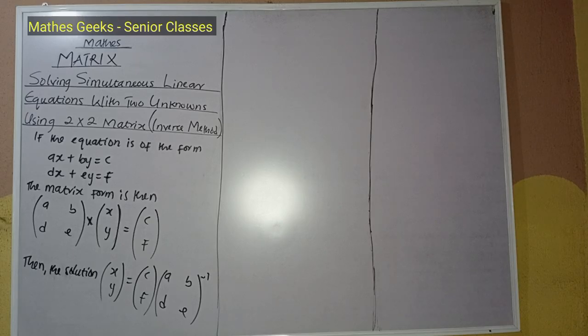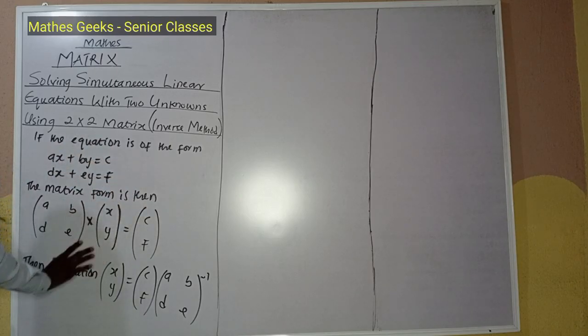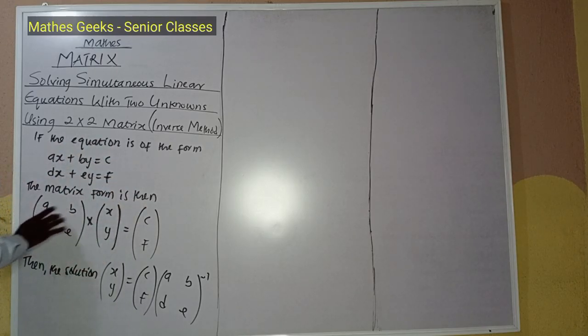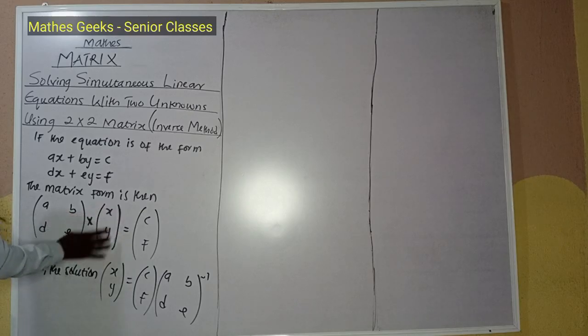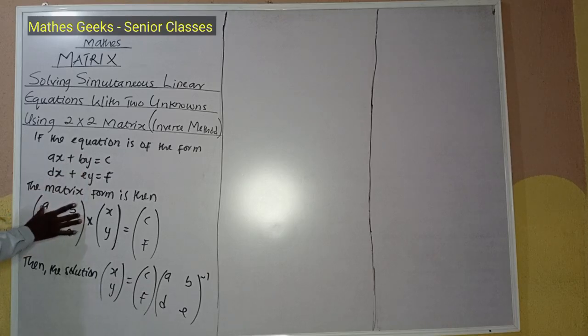So if we have the equation in this form, ax plus by equals c, dx plus ey equals f, the matrix form of this simultaneous equation is this part, where a, b, d, e times x, y. So our x, y becomes our column matrix, and what we have here becomes our square matrix.